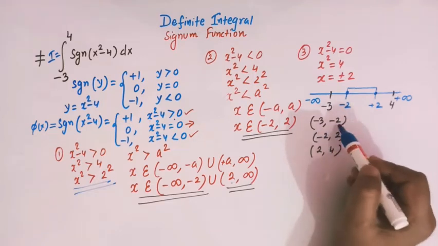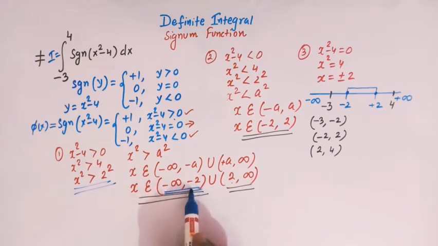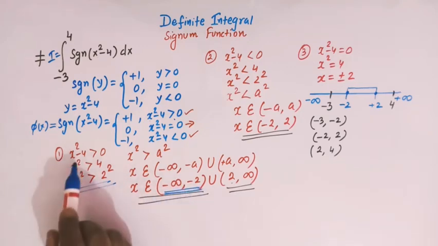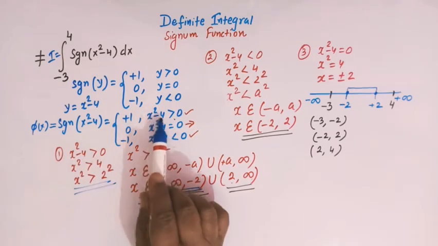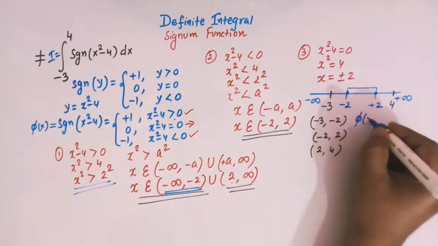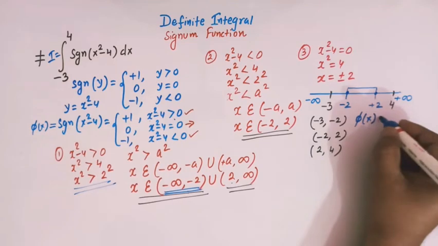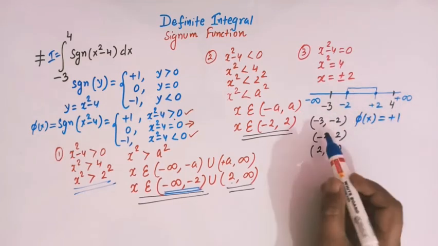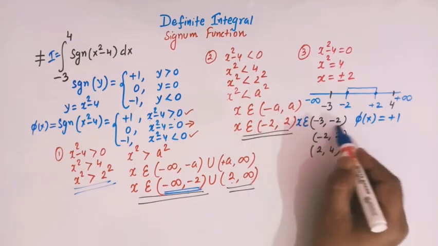So -3 to -2 lies in this interval, and this interval corresponds to the inequality x² - 4 > 0. Therefore the value of signum of x² - 4 is +1 whenever x belongs to this interval.